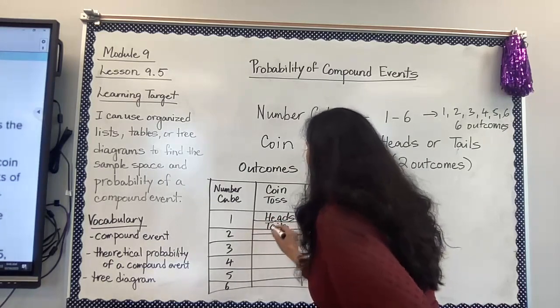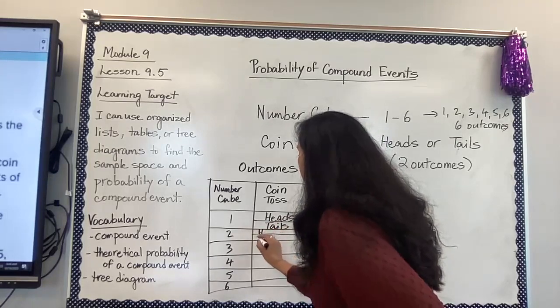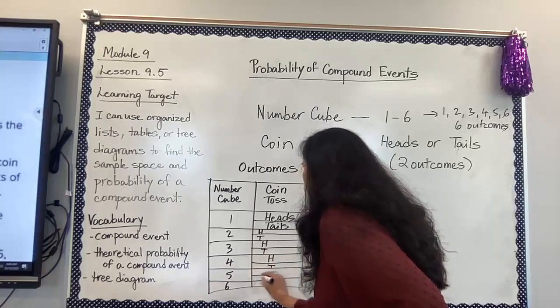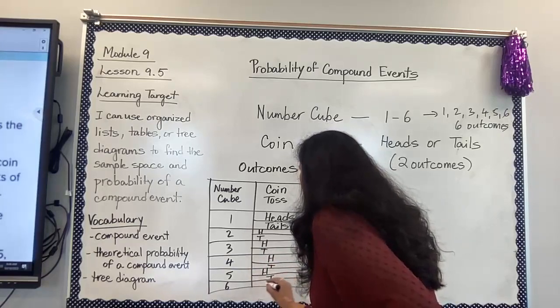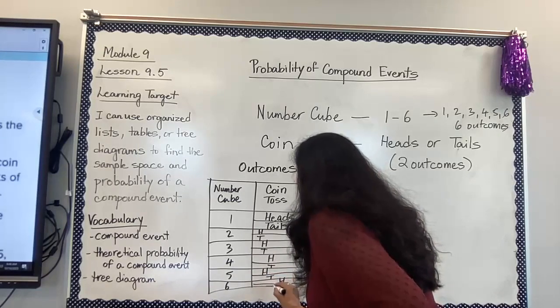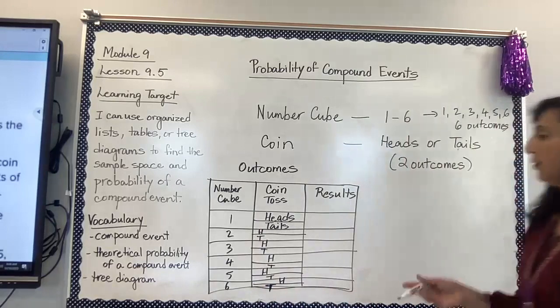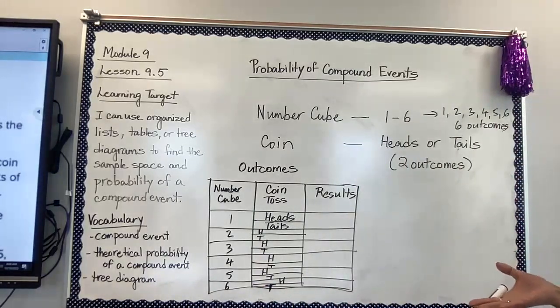I'm just going to put H for heads and T for tails. Heads, tail. Heads, tail. Heads and tail over here. Okay, so these are the different options that I can have when I am tossing a coin after tossing a number cube.